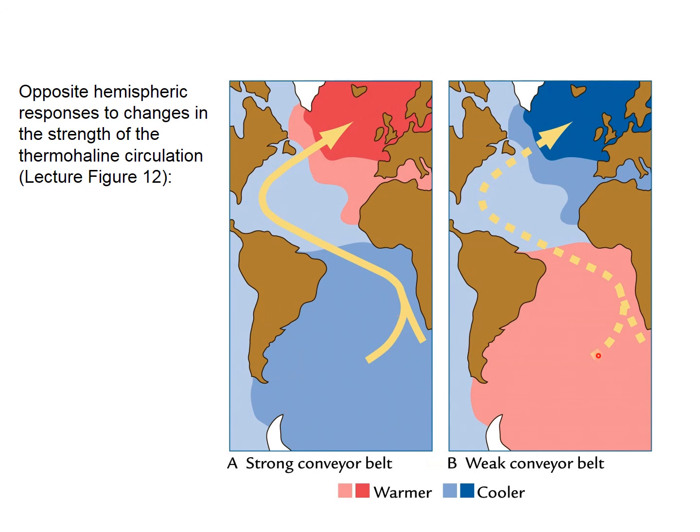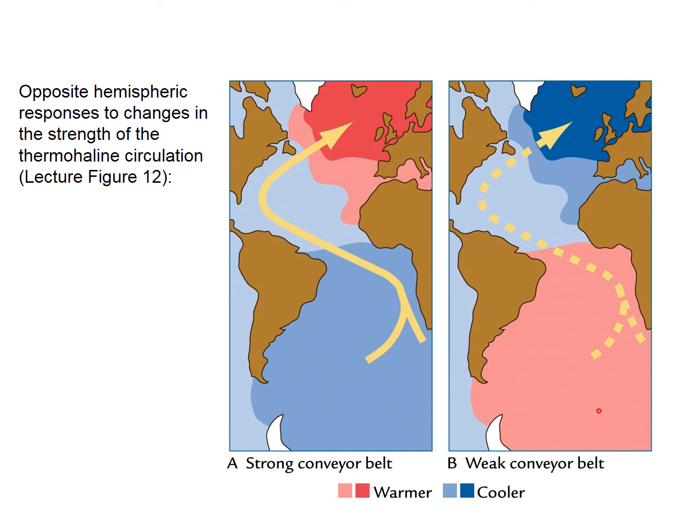Likewise, when this transfer of heat is less efficient, we might have stopped this deep water formation, so less heat can get up into the northern high latitudes. That makes this region colder than it usually is, and you can't make that heat disappear, so that heat remains down in the southern hemisphere, which means this region is warmer than it would have usually been.